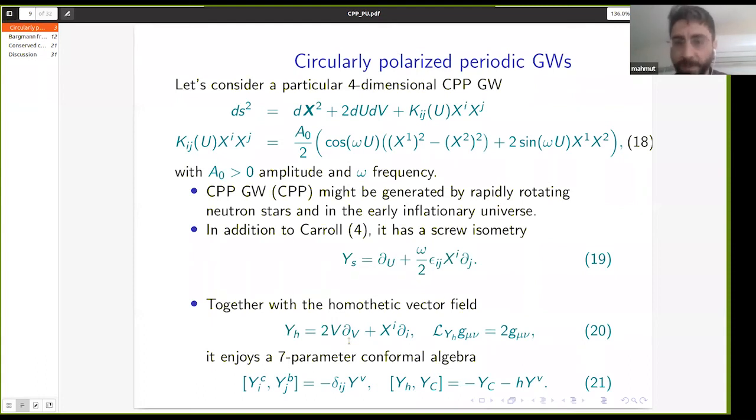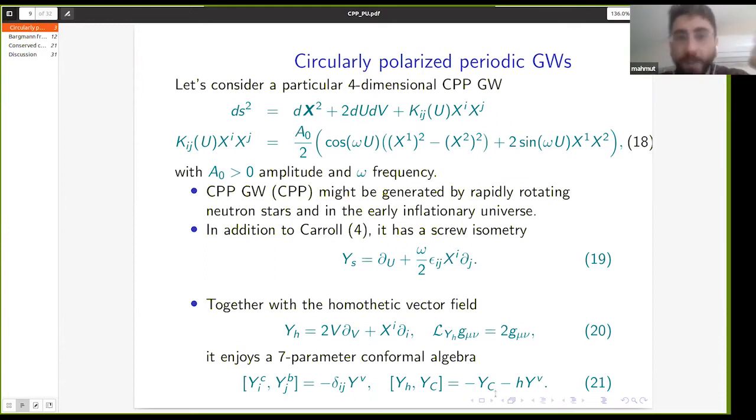And this is the maximal algebra, right? Because as we discussed, a PP wave can have at most 7 symmetries, and a circularly polarized periodic gravitational wave has this very symmetric structure. It's finished now, there is nothing more. And this 7-parameter conformal algebra, if you calculate the commutators, you will have this. The algebra is also, of course, closed. By algebra, we mean the commutators of these vector fields, right?